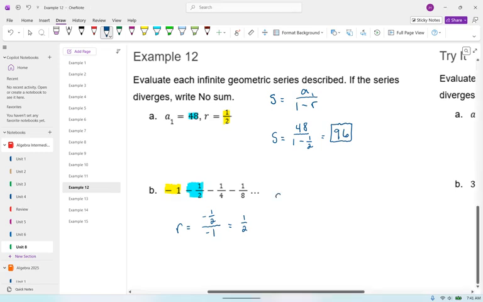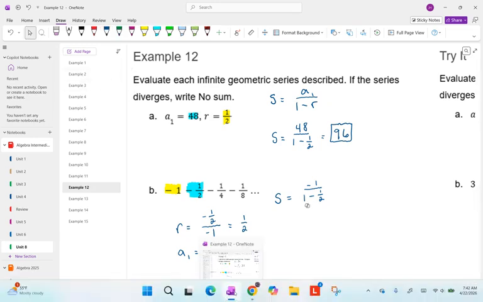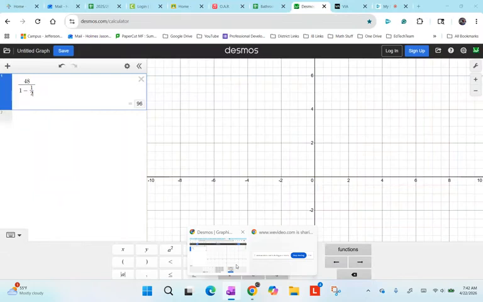So we can use our infinite series formula. S equals, and in this case, our first term, A1, is negative 1. So we'll put that up on the top. So negative 1 over 1 minus our common ratio, which is 1/2. And come back over to Desmos.